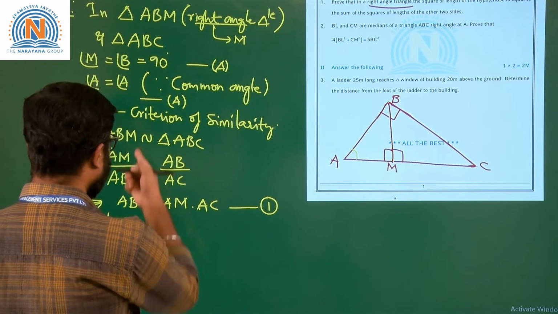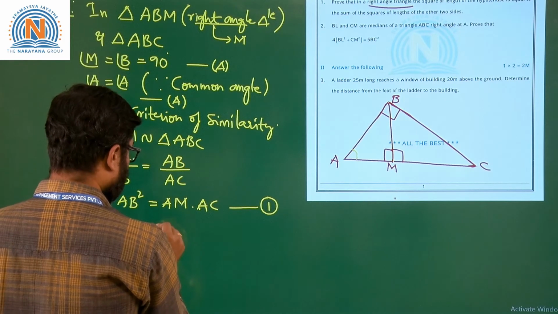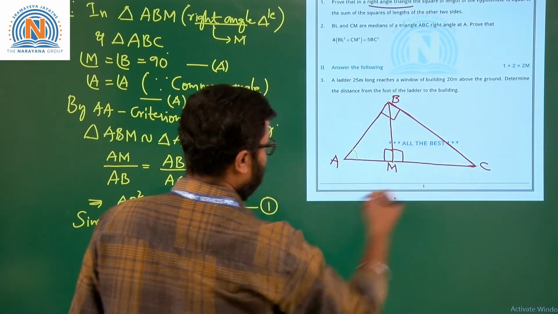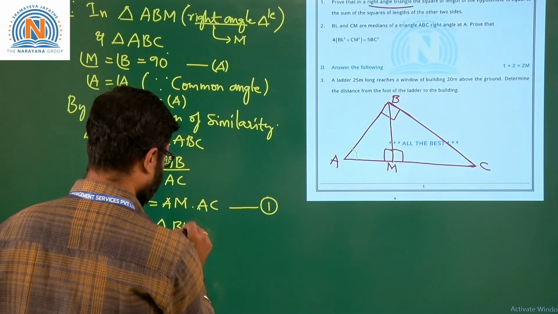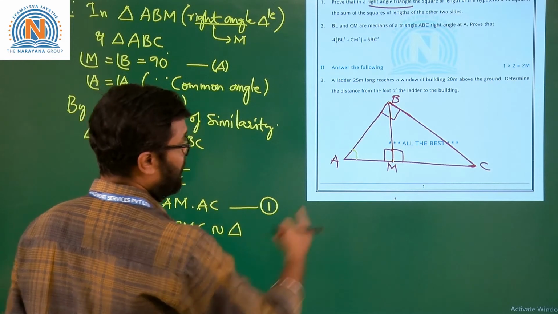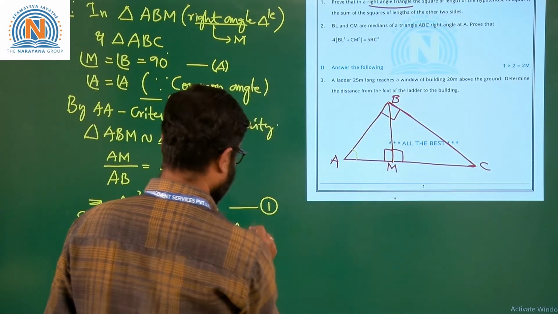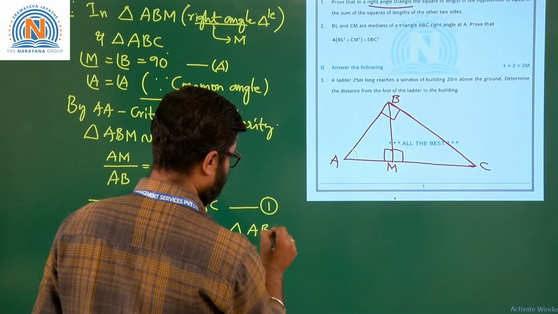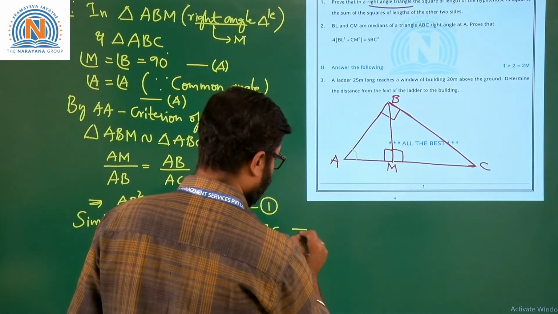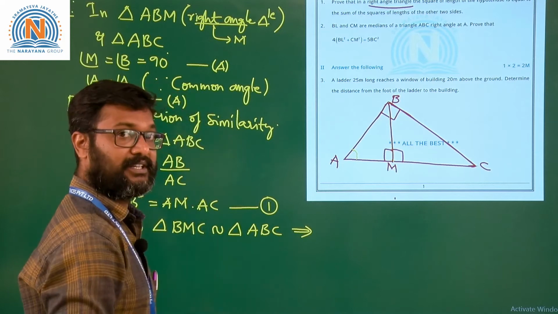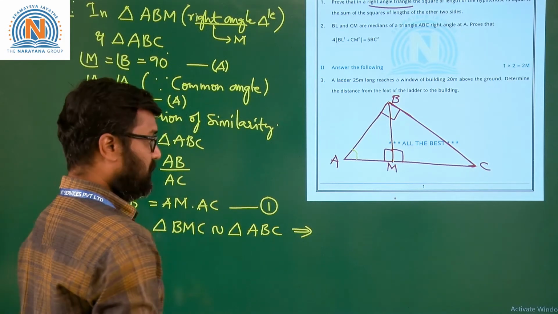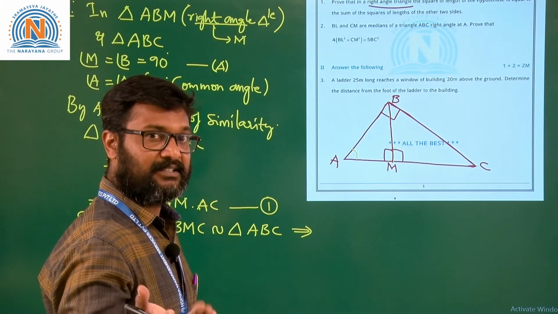So similarly, triangle BMC is similar to triangle ABC. If both triangles are similar to each other, their corresponding sides are in the same ratio, isn't it?